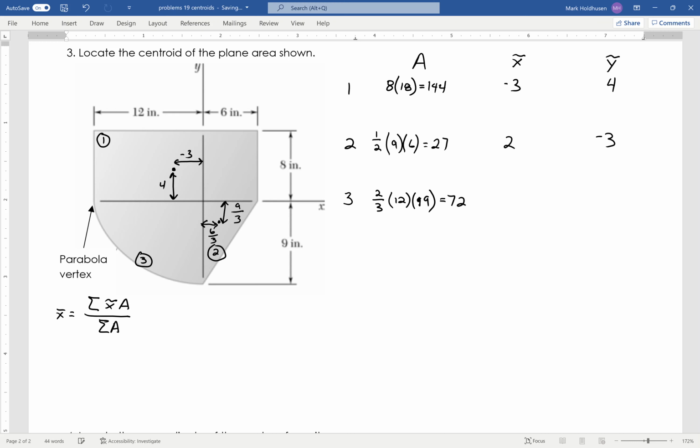Now, when it comes to the centroid of that parabola, that point is right here. Take note where the vertex of the parabola is. From the flat side there, that's going to be 3/8 times 9.